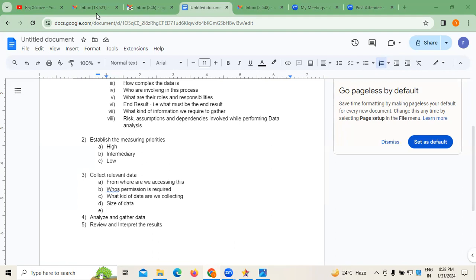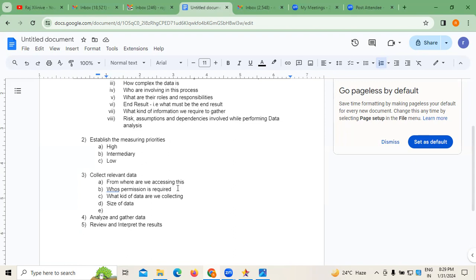Right, so from where we are accessing the data is something we have to know. Accessing the data depends on the data which is available in the servers itself, where we are accessing all the data. So this is generally the first point when it comes to accuracy. This is one thing we have to have clarity on.